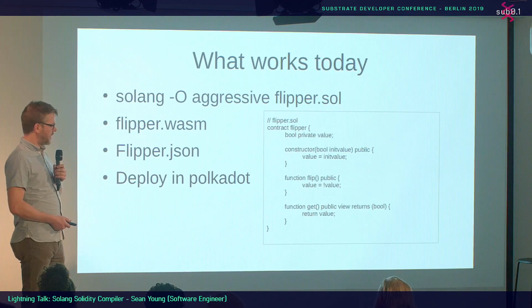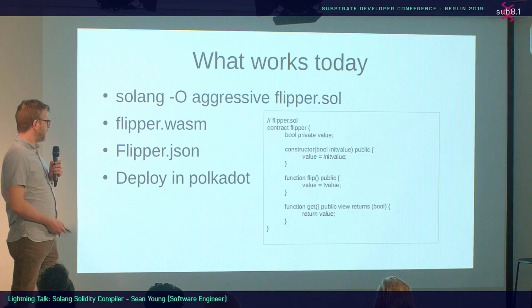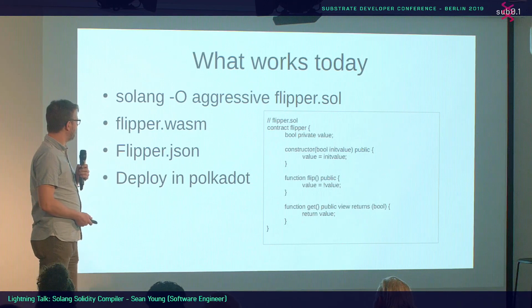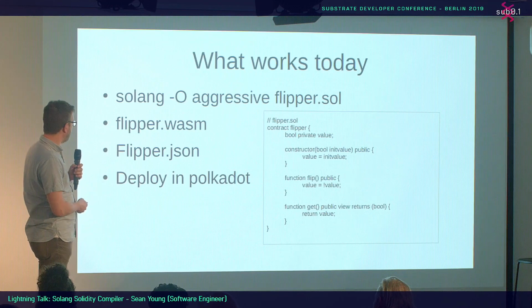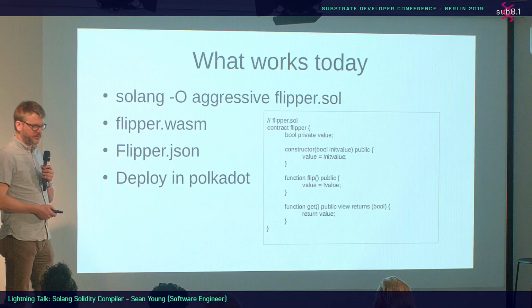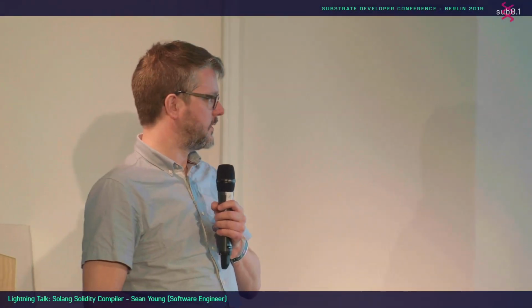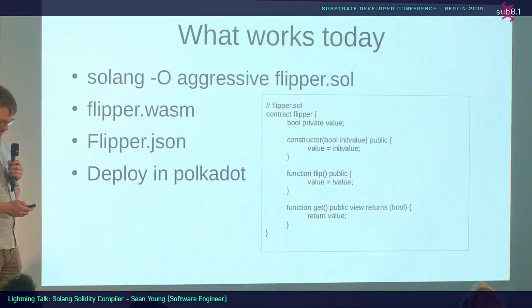The aggressive is literally the LLVM optimization level, and the Solidity will compile to a Wasm file and an ABI file. You can just deploy those in Polkadot directly, and it works. The flipper Wasm is at the moment about 1,500 bytes, so it is smaller than the output of ink.